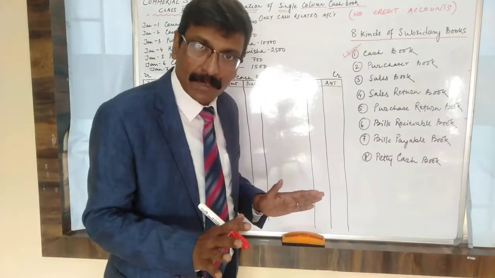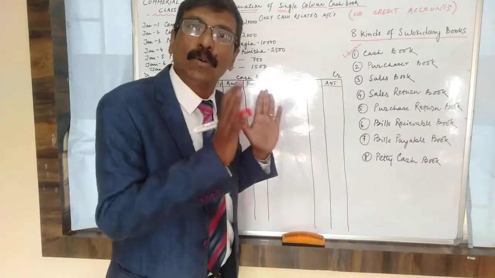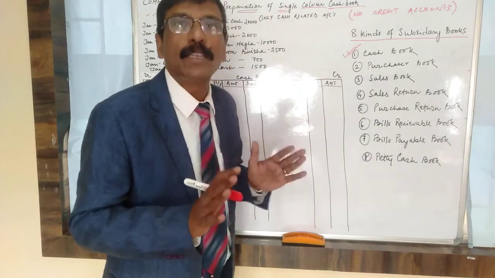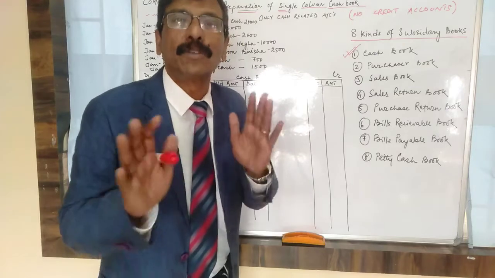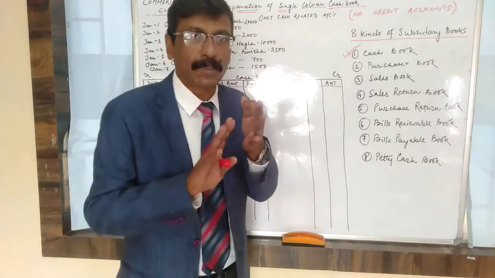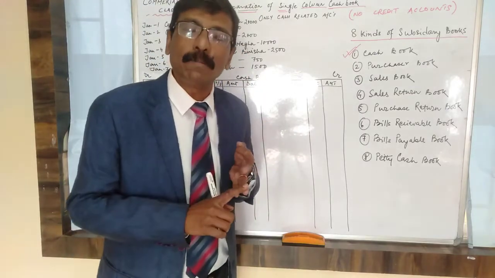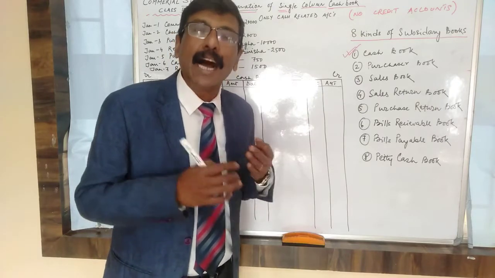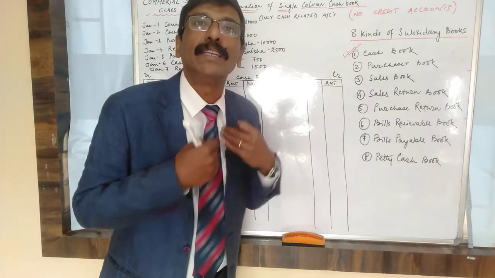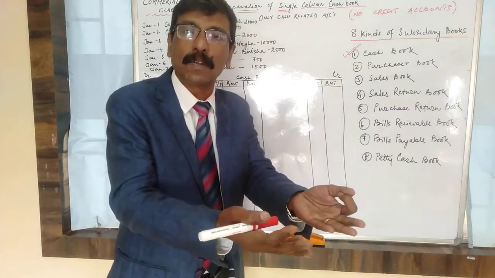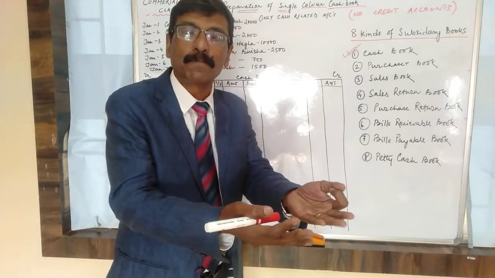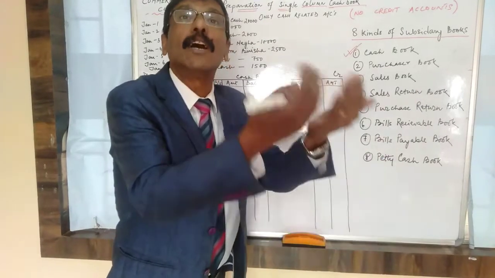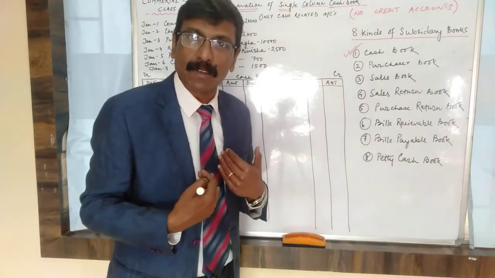For your syllabus this year there is only single column cash book, but I am just going to explain what is double column cash book and what is triple column cash book, because there are 3 types of cash book. Now the double column cash book is a cash book where I as a firm am allowing discount to other buyers, or the other party is allowing me discount.